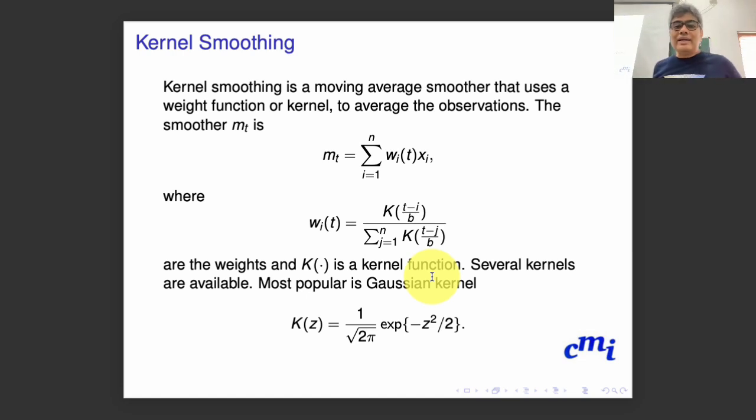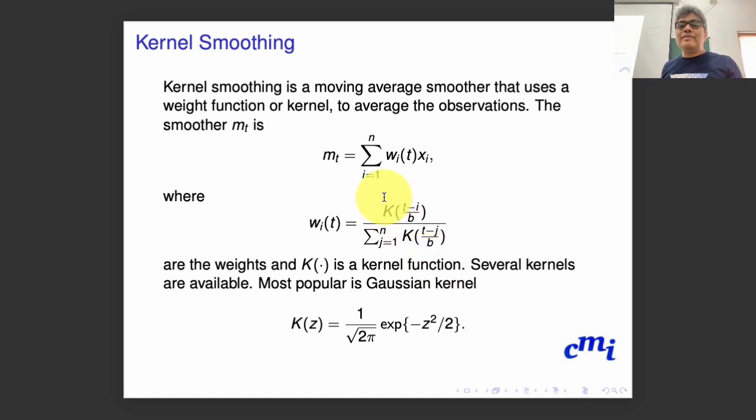And then w_i(t) is basically K((t minus i) divided by b), some weight, and then normalize that. So you get a normalized weight. If you sum up the w_i, it will give you 1.